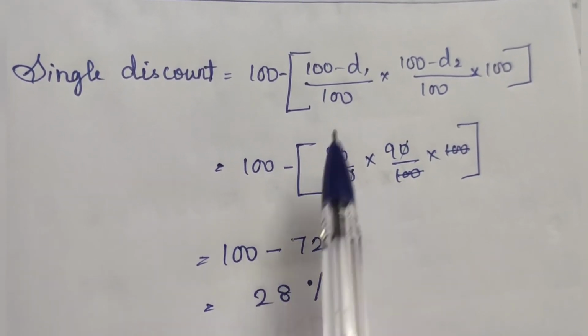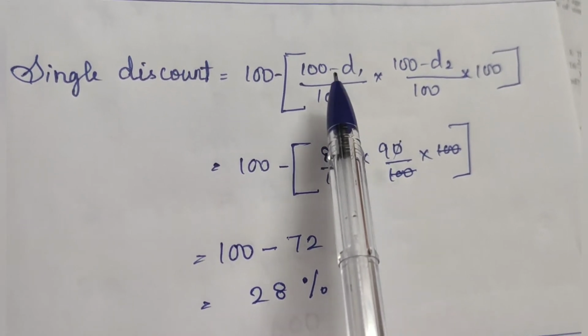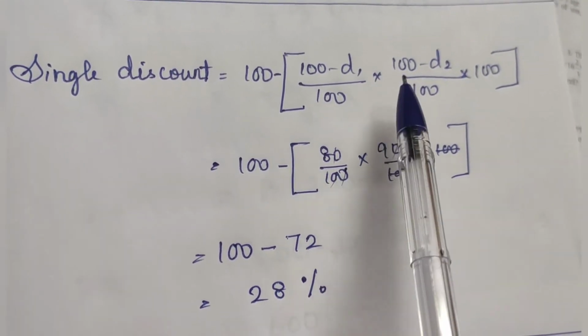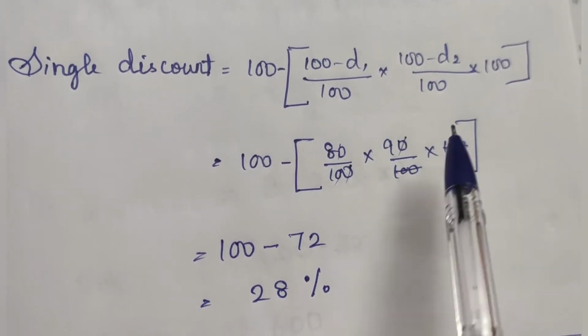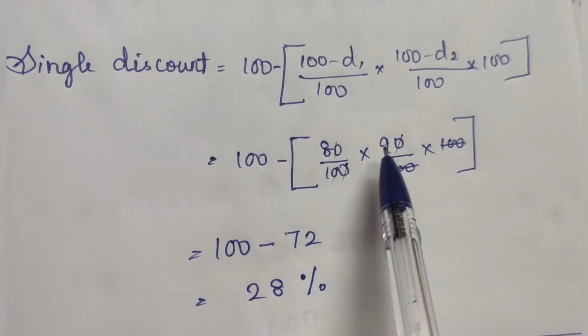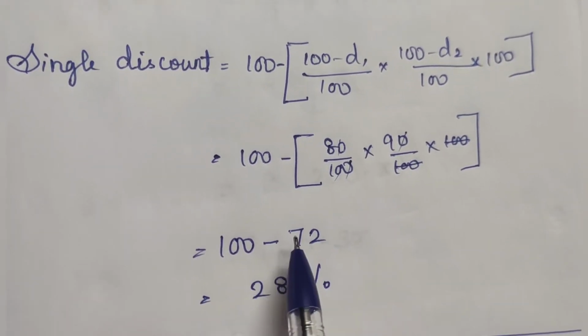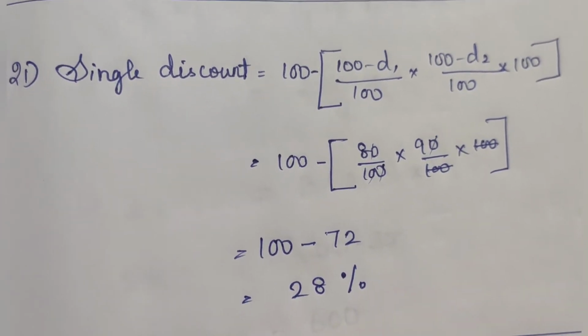Discount 1 is 20, so 100 minus 20, 80 by 100. Discount 2 is 10, 100 minus 10 is 90 by 100 into 100. 100 cancels and these two zeros get cancelled here. 8 nines are 72. 100 minus 72, and the single discount is equal to 28%.